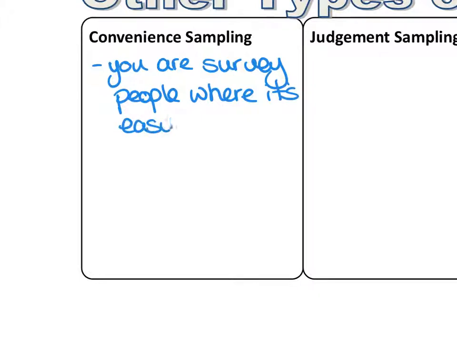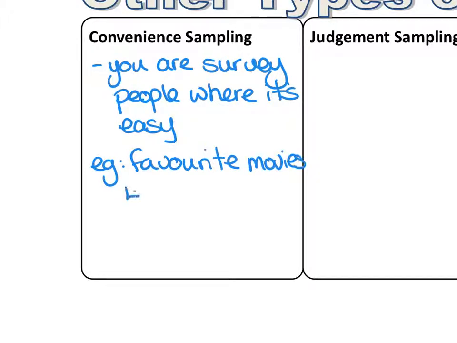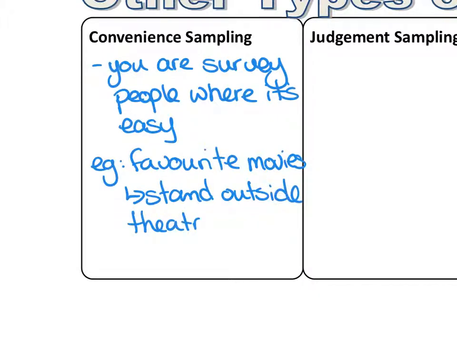Now what I mean by that is, let's say, for example, that you want to find out favorite movies from people, and you decide that the best way to take a sample is to just stand outside the movie theater and ask people. It basically takes very little work. All you have to do is stand there and ask whoever walks by. So that's kind of interesting.